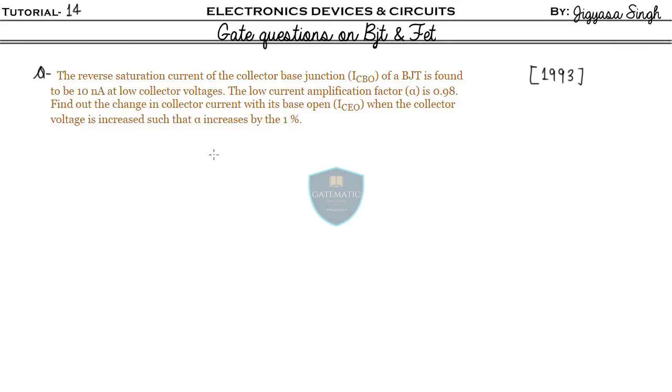So we know this formula, that ICEO is equal to (beta plus 1) ICBO. Now what is given? Alpha is given, and here what is it? Beta. So how can I calculate it? I told you: if I put 0.98, beta will come out to be 49.